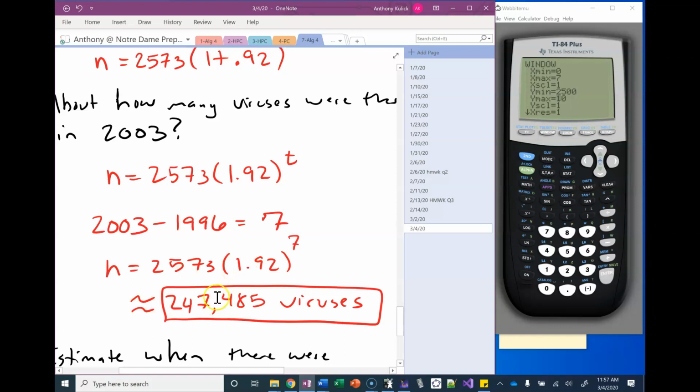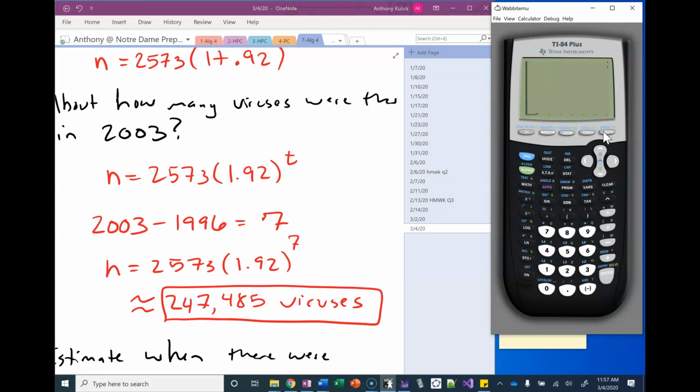So I'm going to do 250,000 for the Y max, which is just a little bit more than what I got when I plugged 7 in for T. Everybody okay there? Okay. Does it make sense on how I chose those values for my X min and X max? Yeah, 25 with 4 zeros.